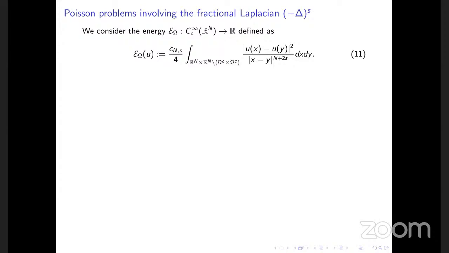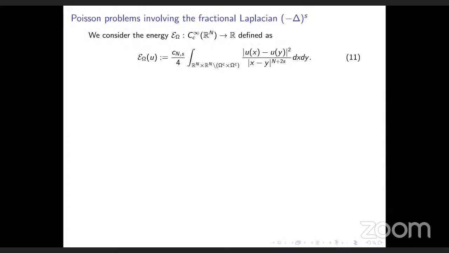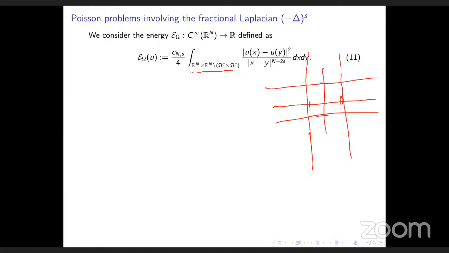But for the problem we are considering, this is not that difficult. And so here, what is under consideration is, if you look at R2n and I look at omega here, what I'm just looking at is the double energy in this space.